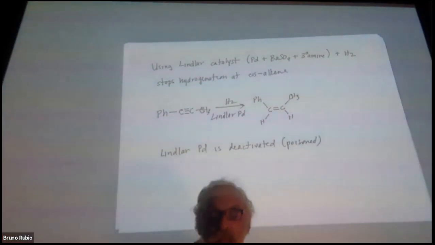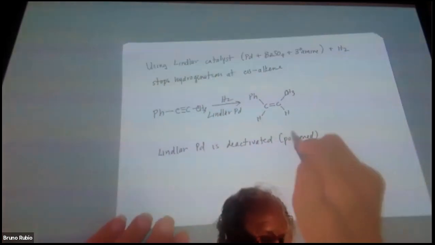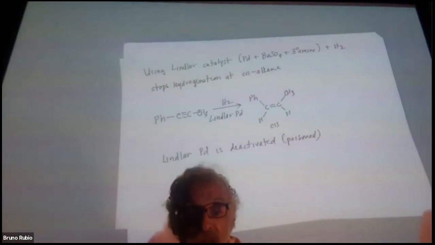It's that barium sulfate and that tertiary amine make it less active so that the second stage of hydrogenation can't happen. That triple bond is taken down to a cis double bond, but it can't be reacted any further than that.